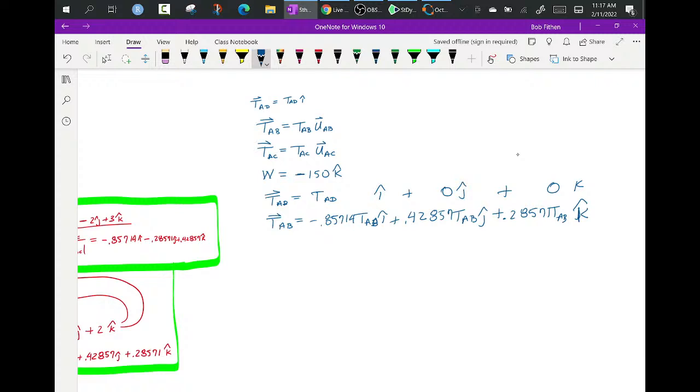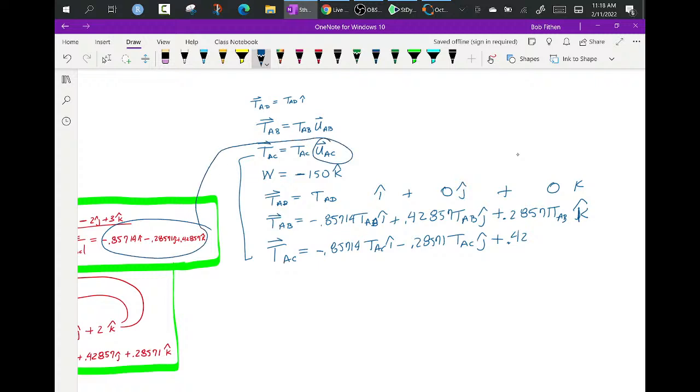And then I'll take this one, TAC equals minus 0.85714 TAC I minus 0.28571 TAC J plus 0.42857 TAC K. Okay, what I'm doing is copying this one, putting it here, taking that equation and writing it down here.